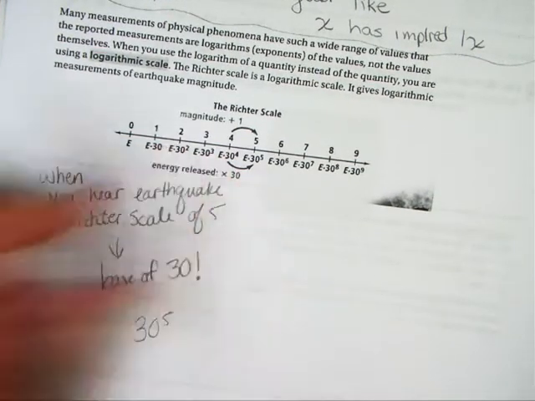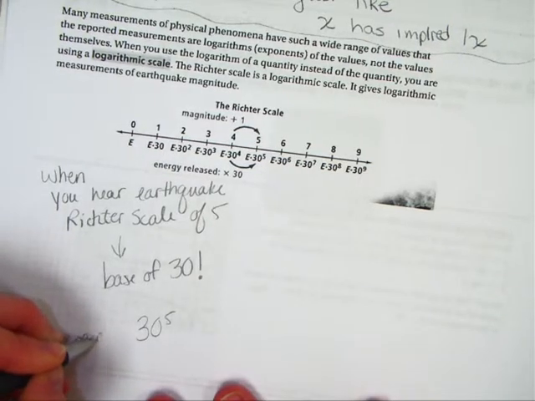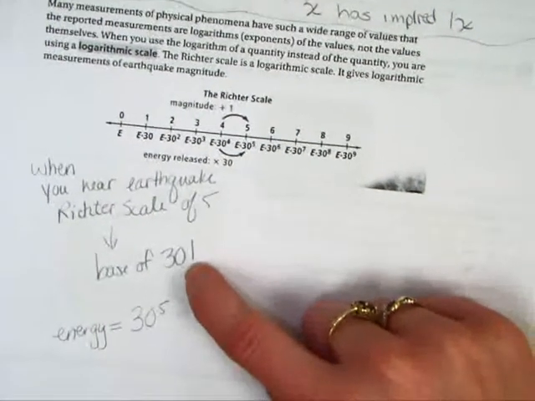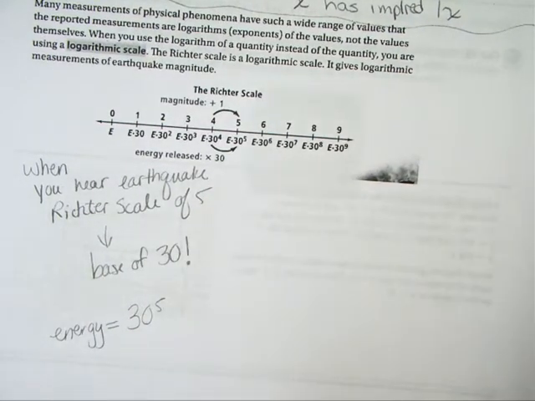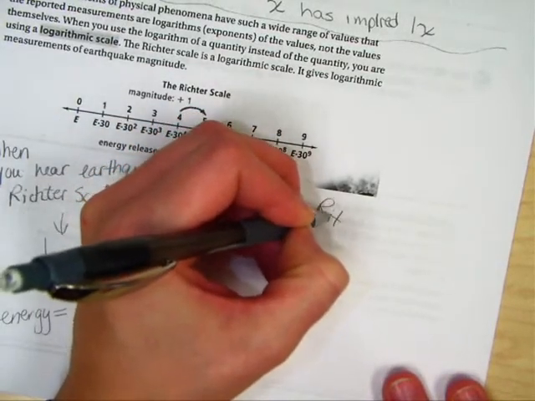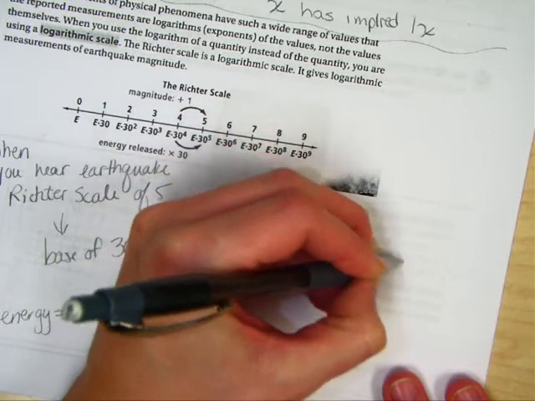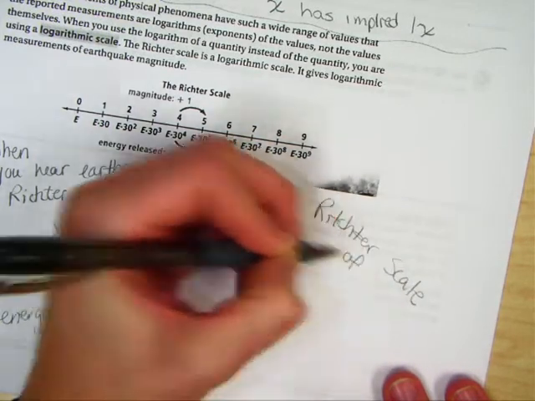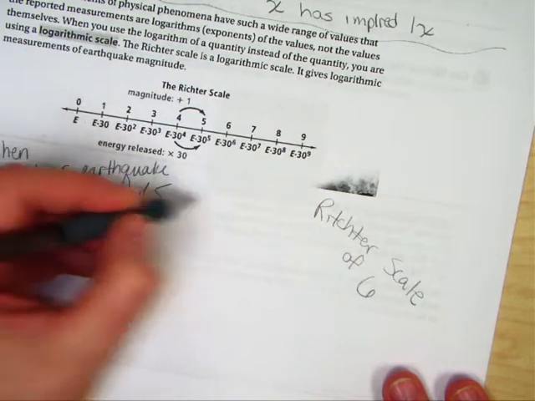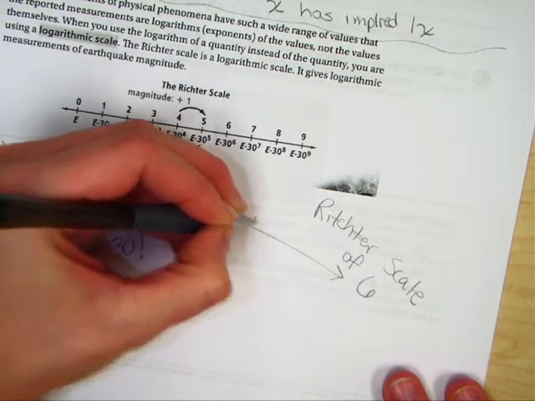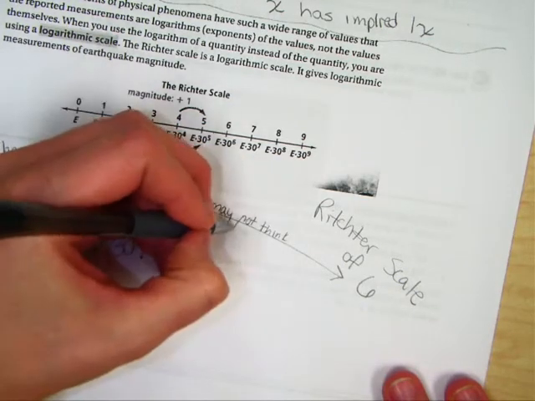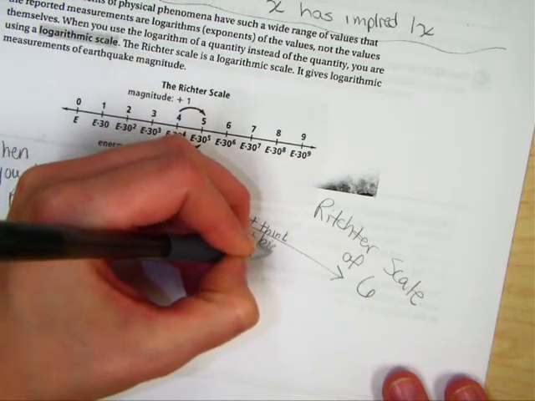And this is talking about energy released. So the energy released is 30 to the 5th. 30 because that's the base of the Richter scale, and 5 because that's what the Richter scale would read. That's crazy. When you hear of something going from a 5 to a 6, you might not think that it's that big of a difference.